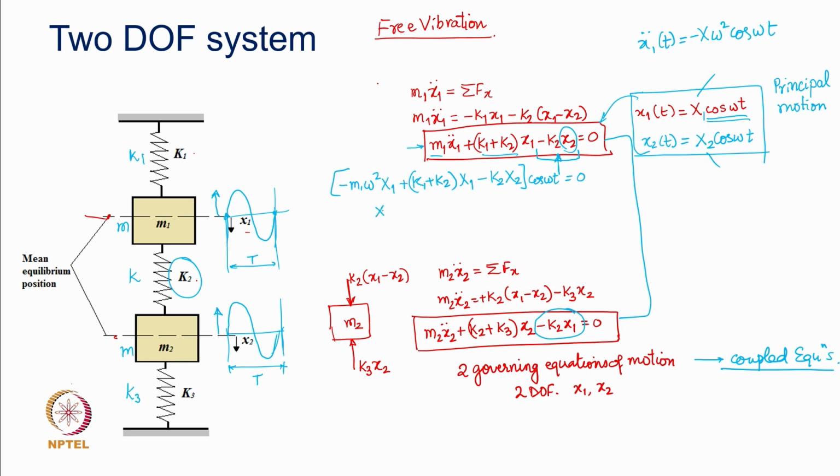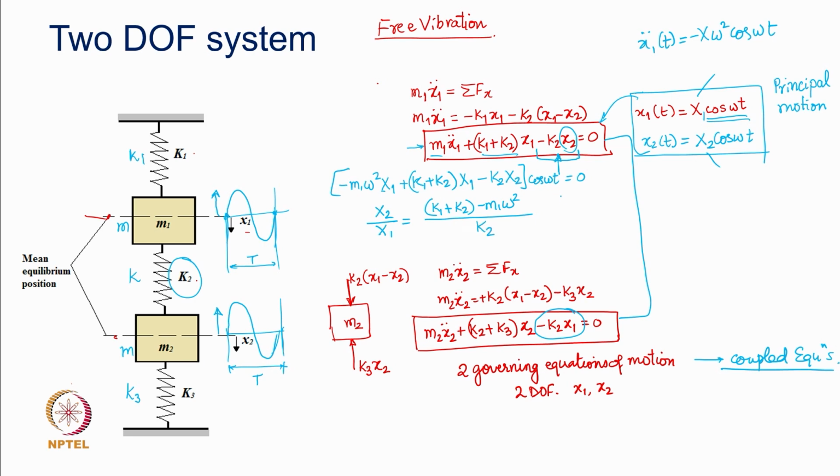I can write this as X2 over X1 equals K1 plus K2 minus m1 omega square, this is the multiplying factor to X1, and then this is going to be K2.